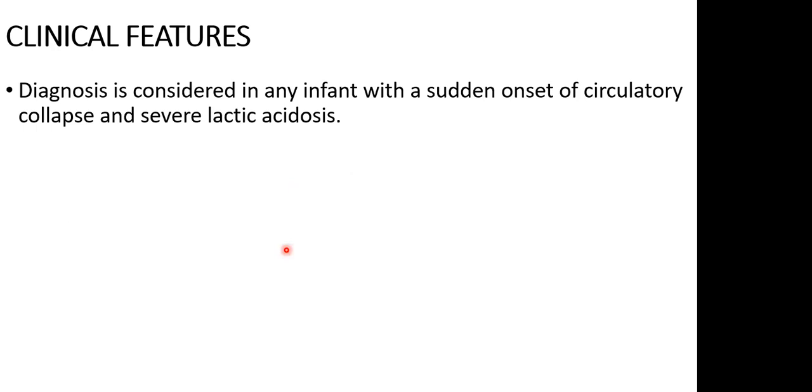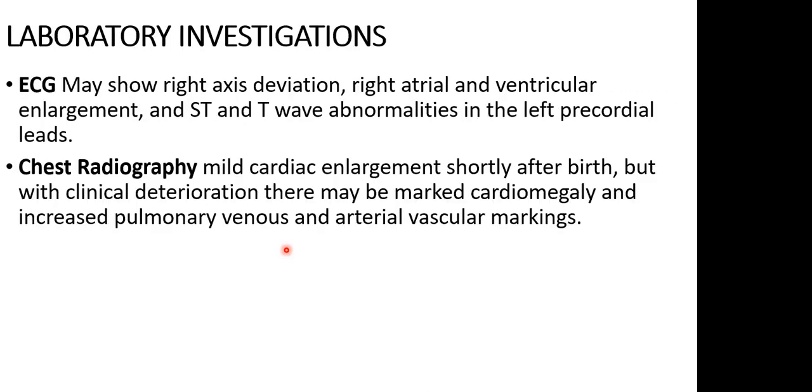In diagnosing this patient, it's most times considered in an infant with a sudden onset of circulatory collapse with severe lactic acidosis; you should be thinking of hypoplastic left heart syndrome. On ECG, because the left ventricle is not functional, the right side of the heart is enlarged. So we are going to have a right axis deviation, right atrial and right ventricular enlargement.